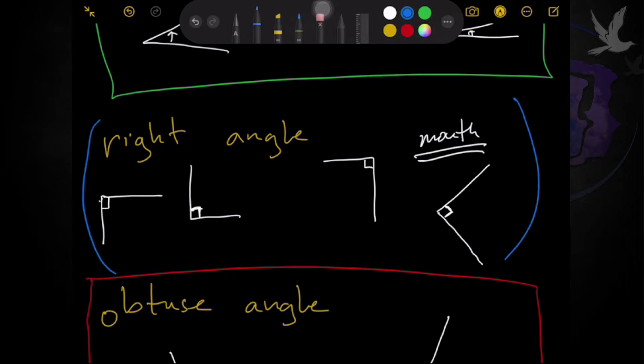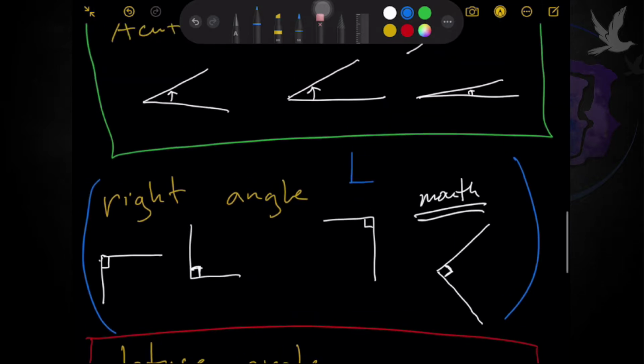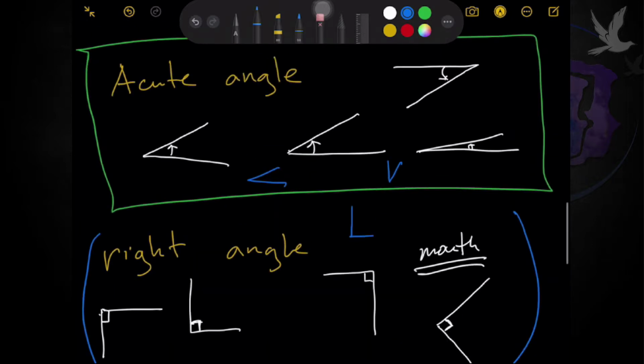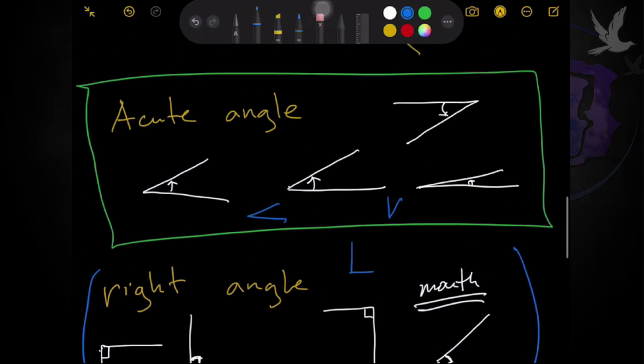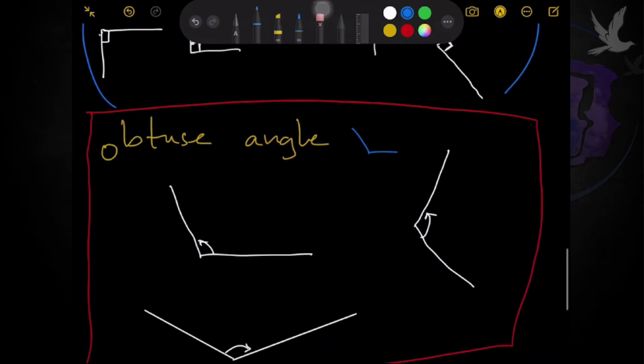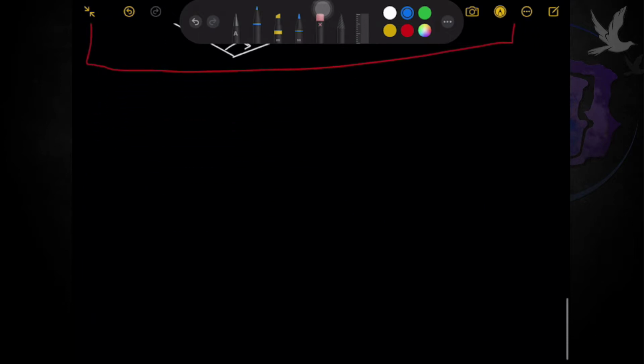Look at the right angle because a right angle should look like an L. If it opens smaller than an L, it means it's an acute angle. If it goes over, more than an L, we should consider that as an obtuse angle. Okay? So, ganun lang po kadali to determine whether an angle is an acute angle, right angle, or obtuse angle.